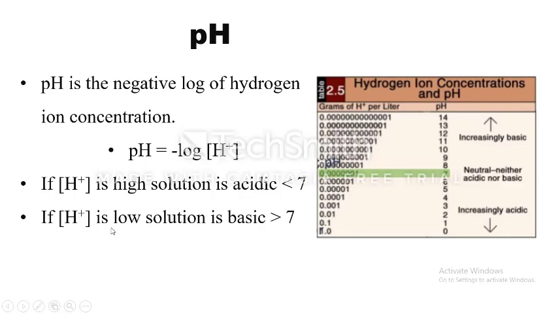If the hydrogen ion concentration is low, then the pH becomes above 7 and the solution becomes basic. Here you see increasing basicity. So at 7 it's neutral, below 7 it is acidic and the pH is low, above 7 the pH is high and the solution is basic.